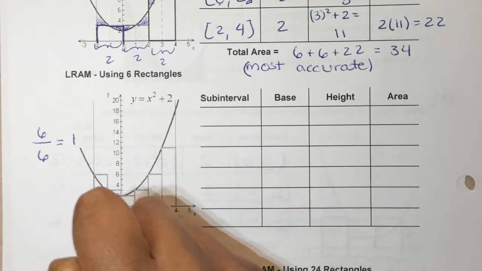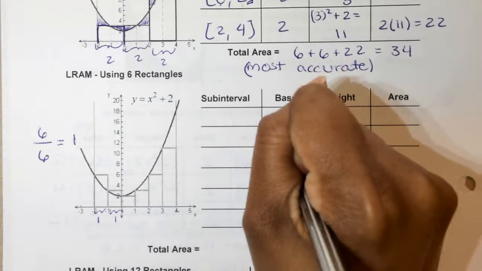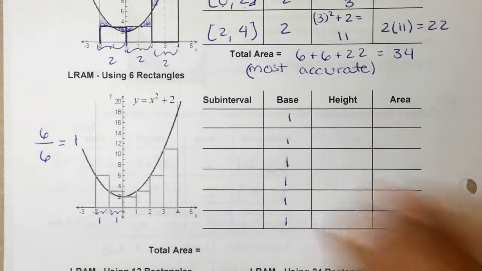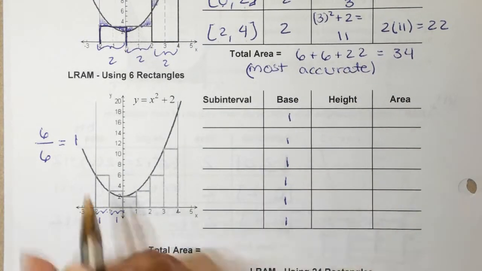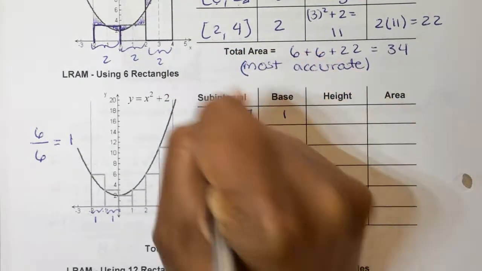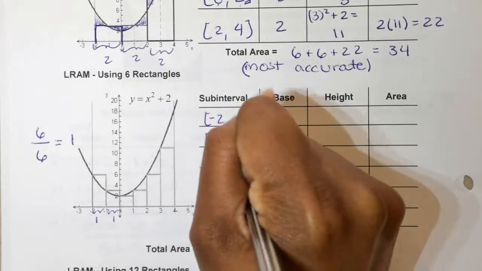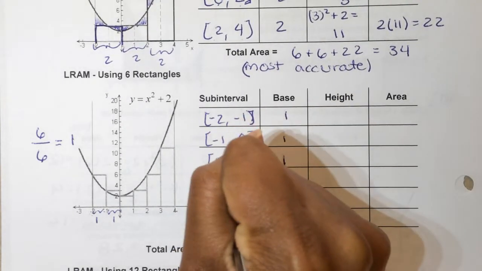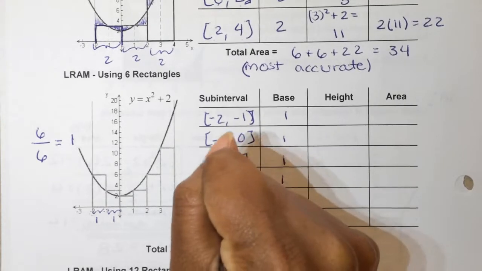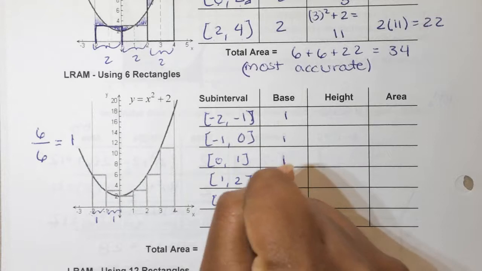So the base of each rectangle will all be 1. And our subintervals will go from -2 to -1, -1 to 0, 0 to 1, 1 to 2, 2 to 3, and 3 to 4.